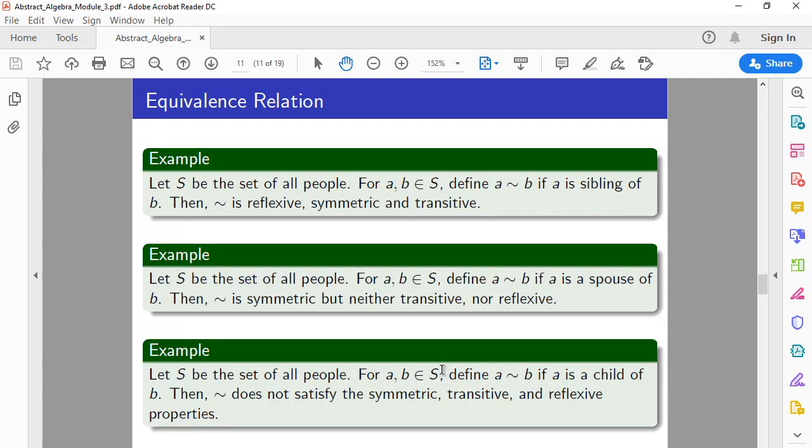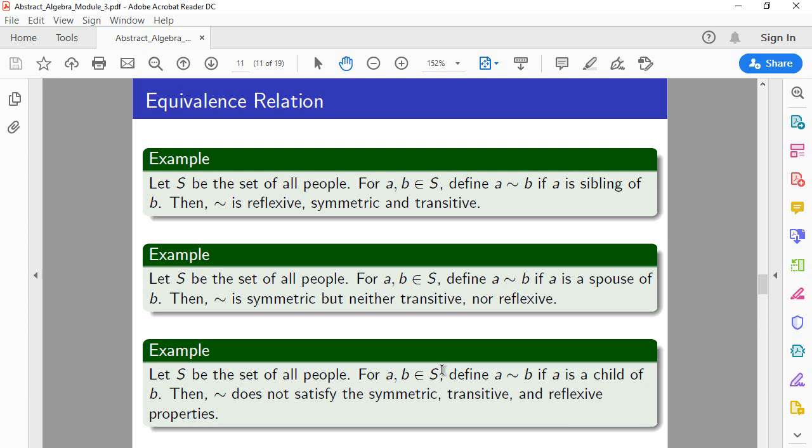Let's say S is the set of all people, and the relation is the following: A is related to B if A is a sibling of B. That is, the pair AB belongs to the relation if A and B are siblings. Is that an equivalence relation?